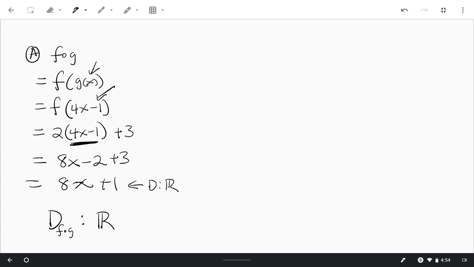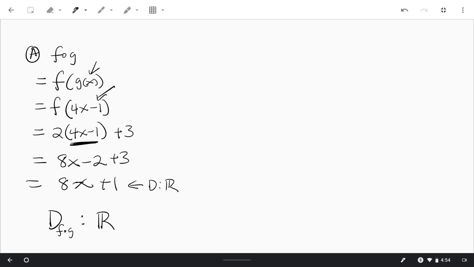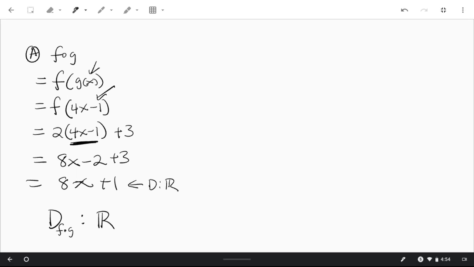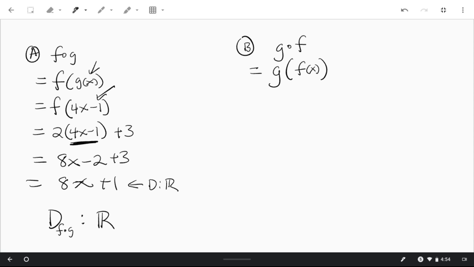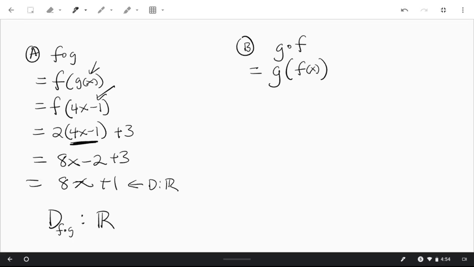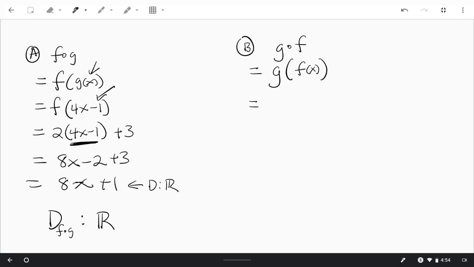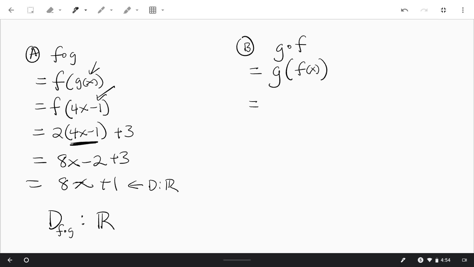Let's go ahead and do B. B is g circle f. Now this is saying take the f function and plug it into the g function. So instead of writing f of x, let's write down the function: f of x is actually 2x plus 3. So we are going to do g of 2x plus 3.